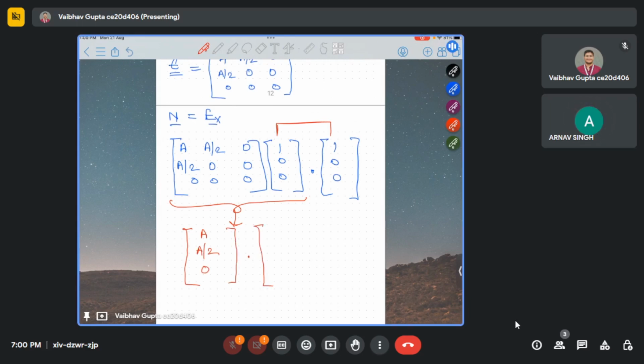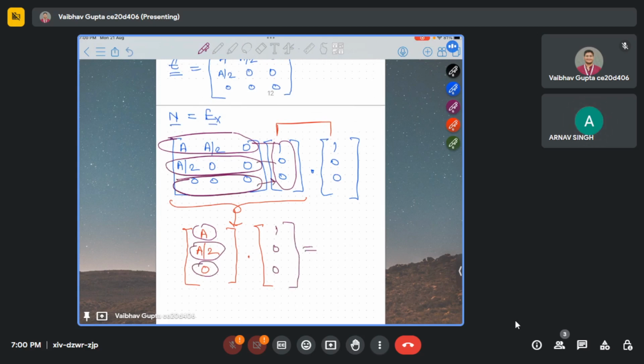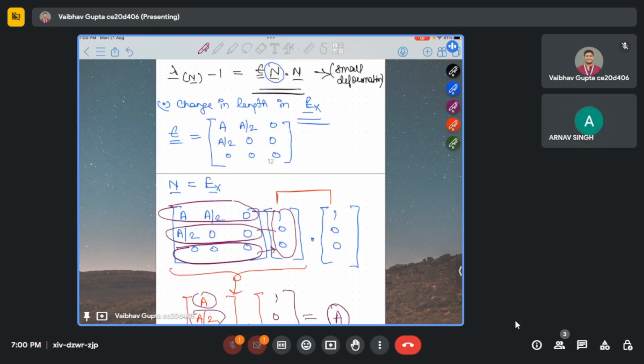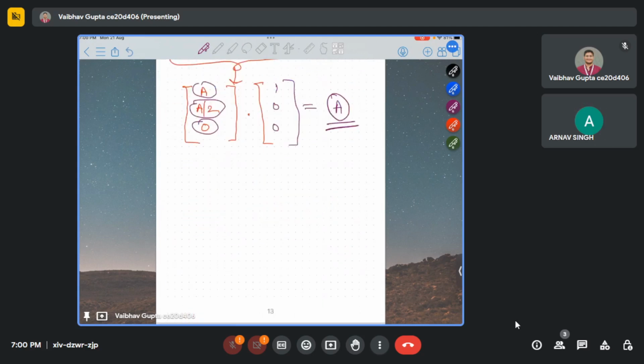See how we do multiplication: this row with this column will be the first, then this with this second, and this with this third. What you will get is A by 2, dotted with 1 0 0. What you will get? A only. So change in length along EX direction is A.